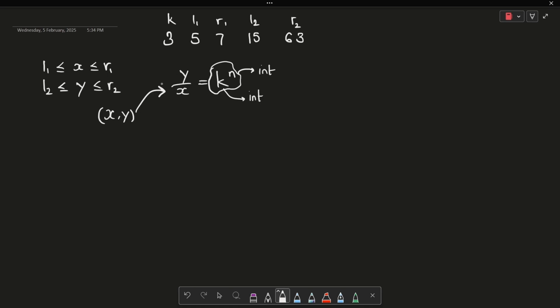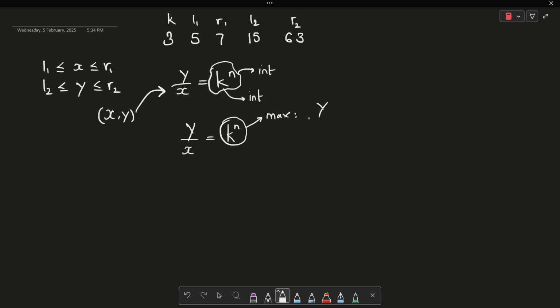Similarly, we can say that y by x should basically produce an integer. Now let me write here y by x equals k to the power n. If I ask you what is the maximum possible value of k to the power n, it's very simple.